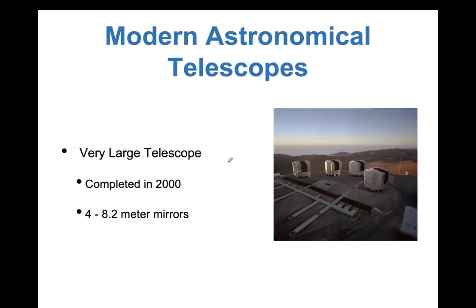Here we have the Very Large Telescope completed in 2000. It has four 8.2-meter mirrors. This is the telescope that was built by the European Space Agency, who have close ties with South America.